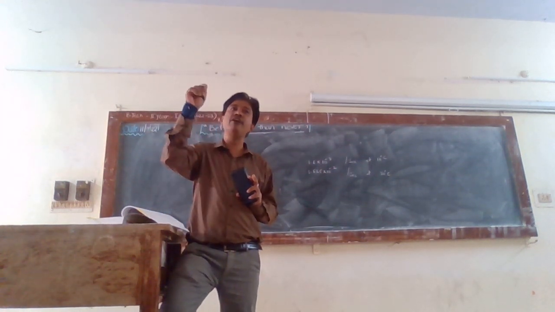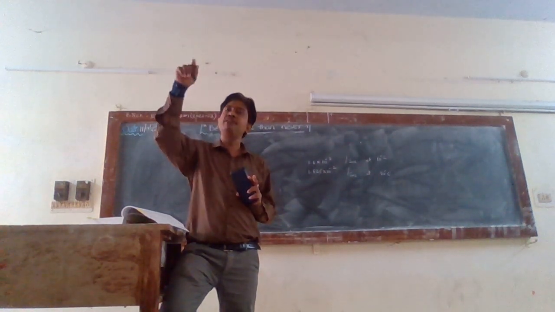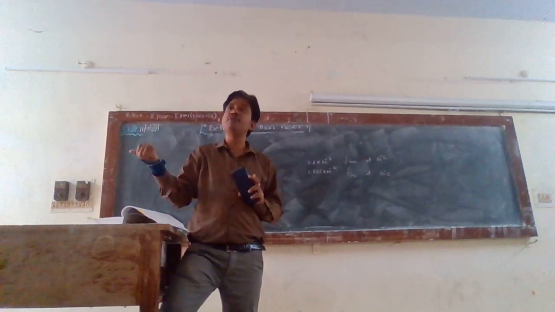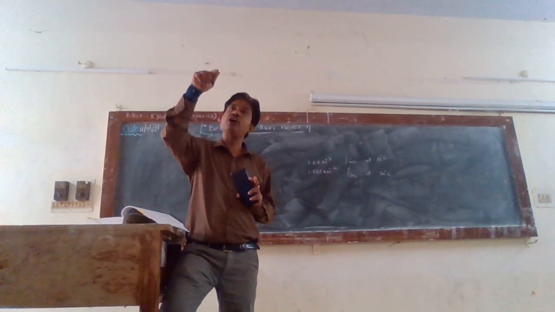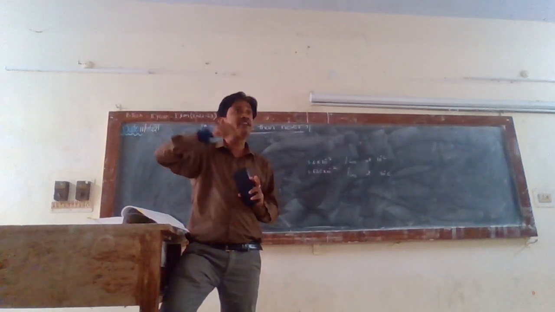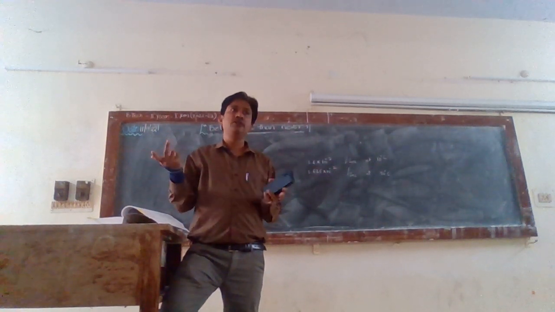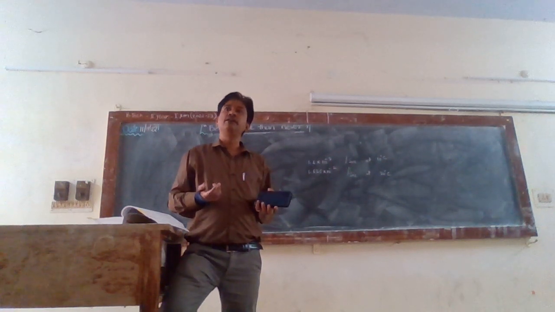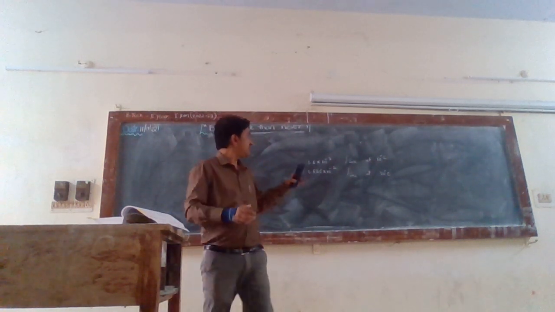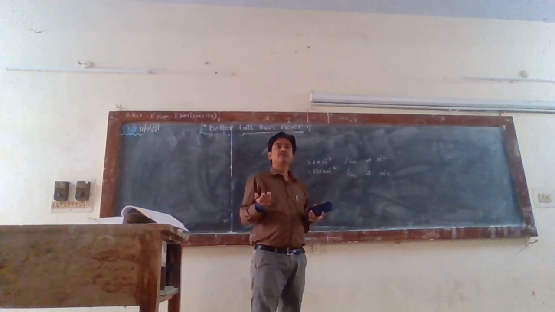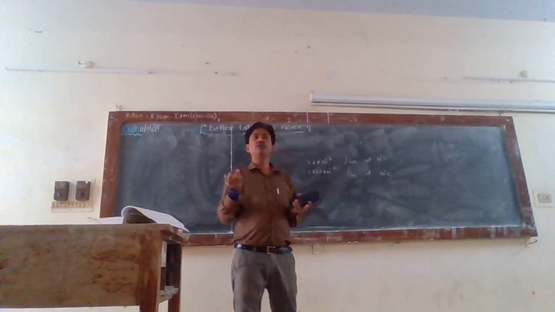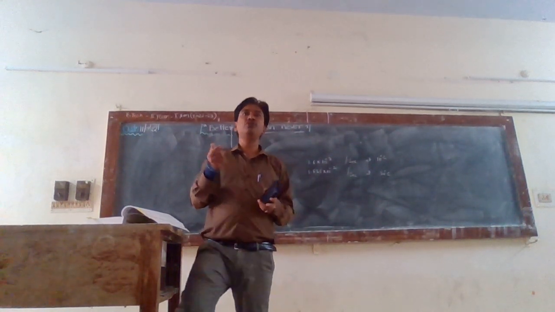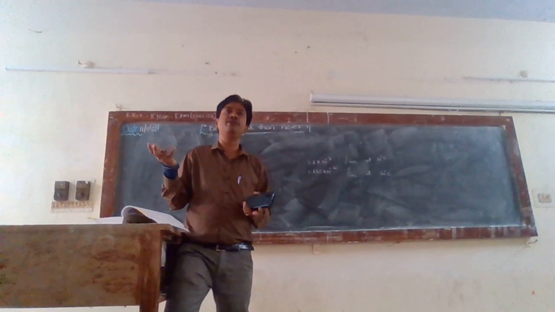If you substitute R value as 8.3, you will get E in terms of joule per mole. If you substitute R value as 1.9, you get E as calories per mole answer. Very simple. Nothing is given about units, so accordingly the value of R you choose, you will get E in the same unit.